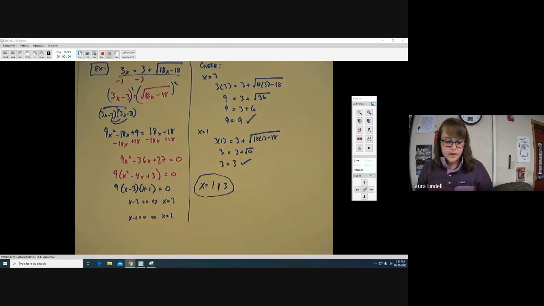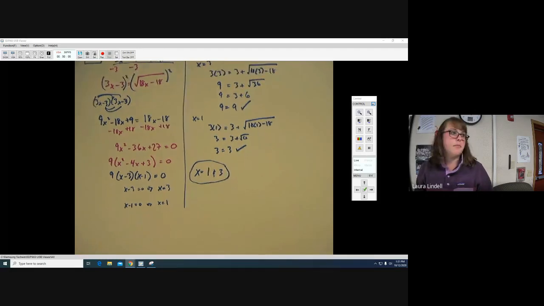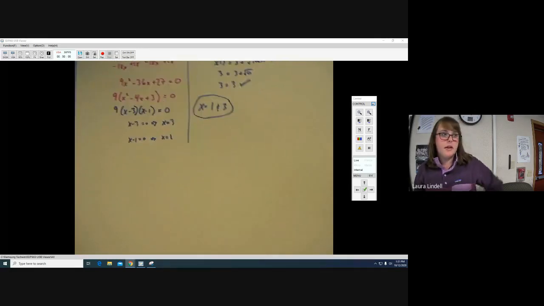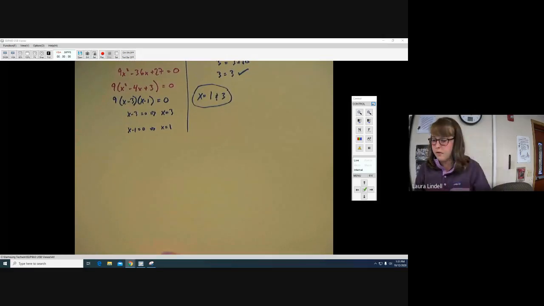Okay. The next one that we're going to do, we'll take it up a notch. Yeah, this is another case where I think both solutions end up being valid, but it's a slightly harder version of it. So let's take a look at that.